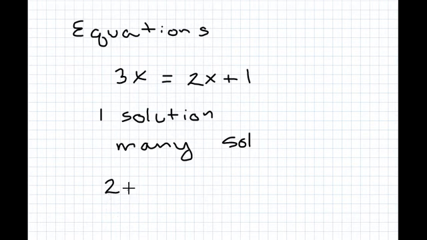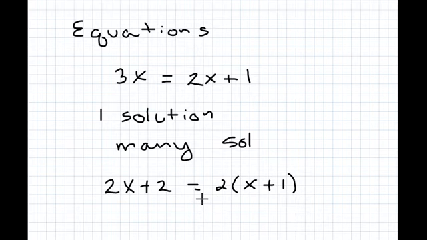If I had 2x plus 2 is equal to... In this particular case, this is going to be true for every real number in the domain, that is, all the numbers that we can plug in for x here. So for every real number that we plug in for x, both sides are going to be equal to each other. This is known as an identity.